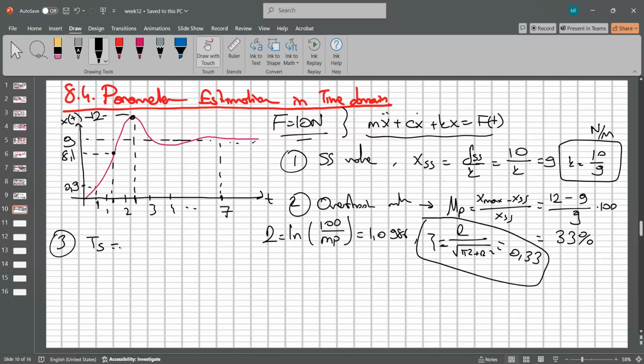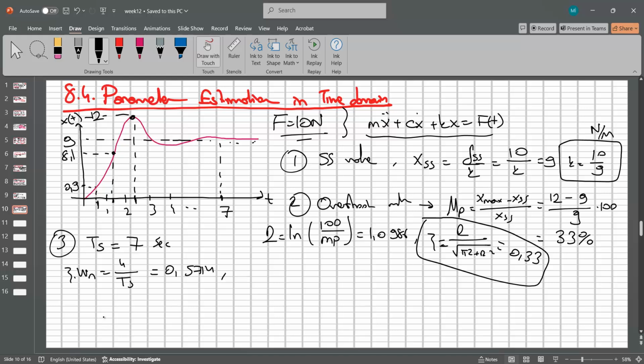The settling time Ts is equal to what? Settling time? What's the value of the settling time? 7. It's coming from the graph. And so zeta times Wn equals 4 divided by Ts, and so this is equal to 0.5714.